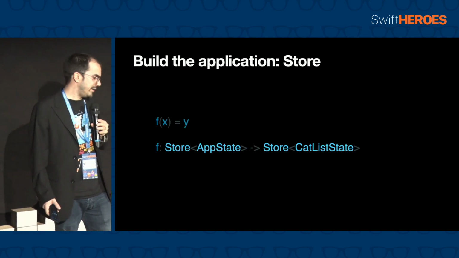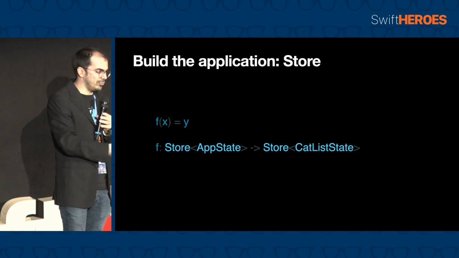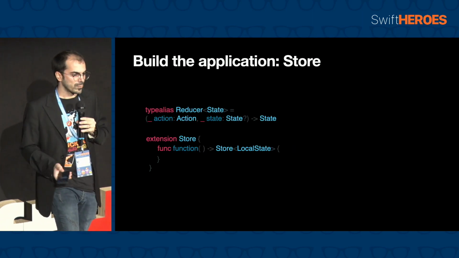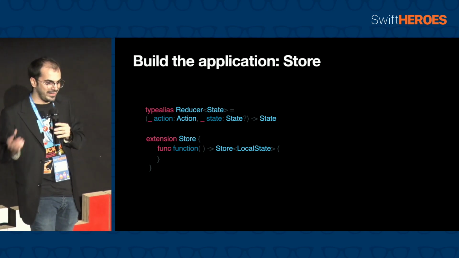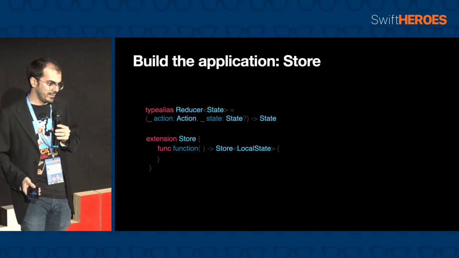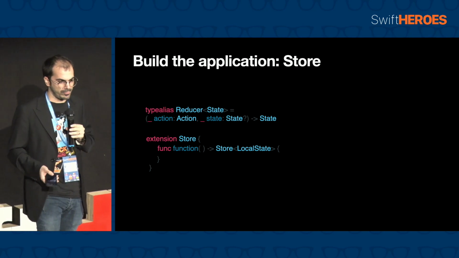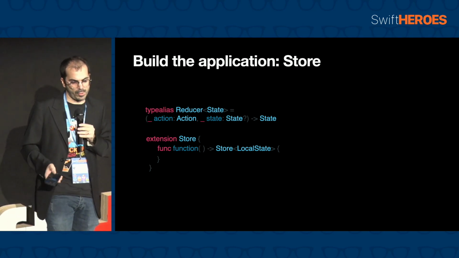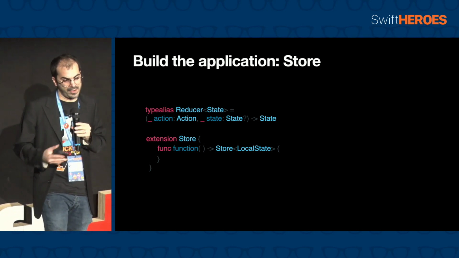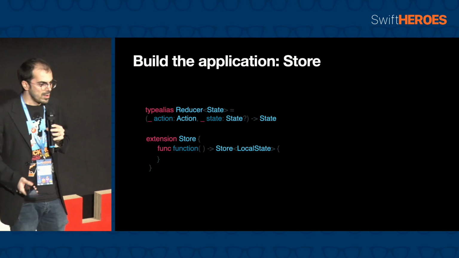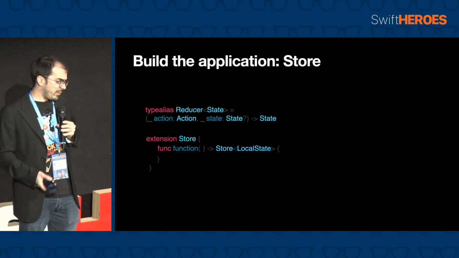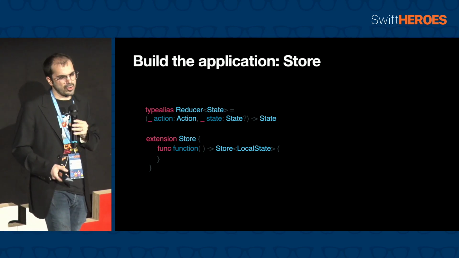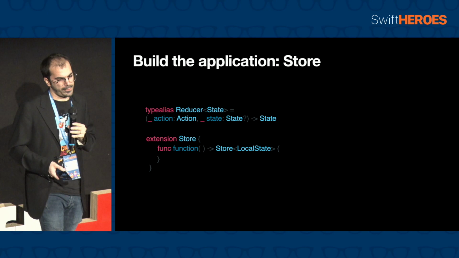We need a function again, from store of AppState to store of CatalystState. We have in mind again the type alias from ReSwift for the reducer, but we know that it is a function with two parameters, action and state, and returns state. And we compute the new function this time as an extension of the store.